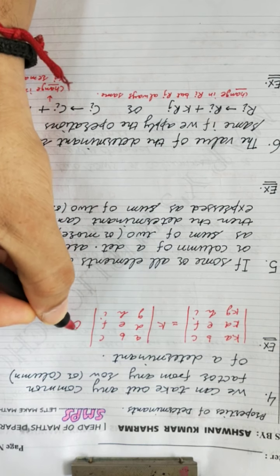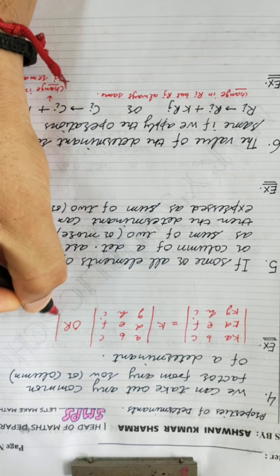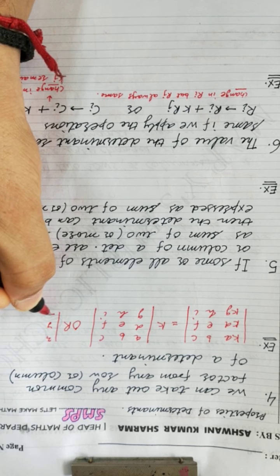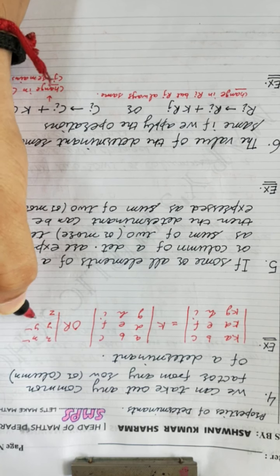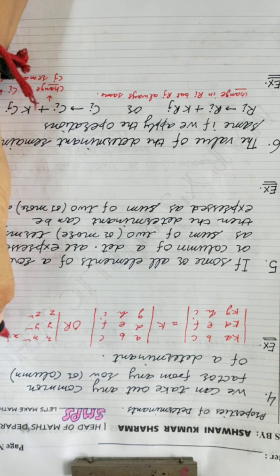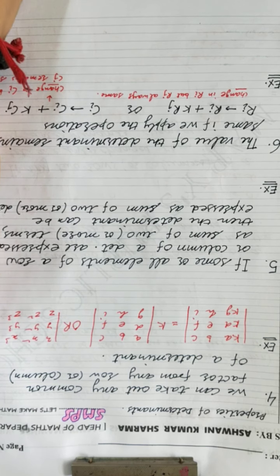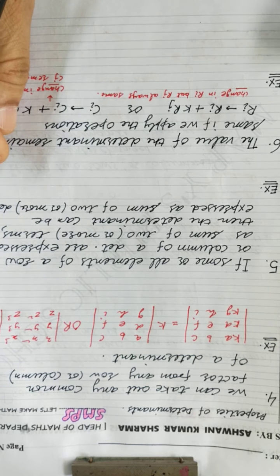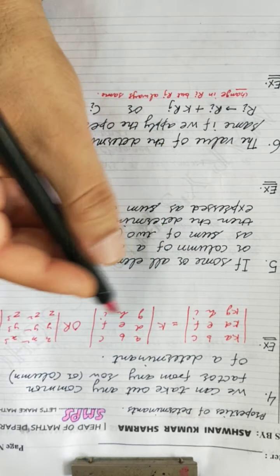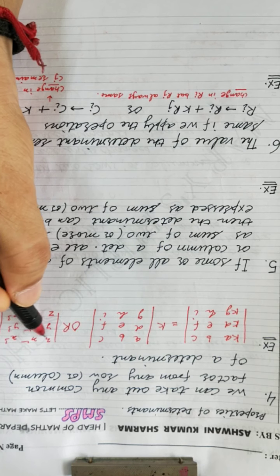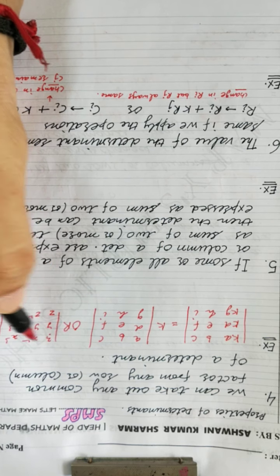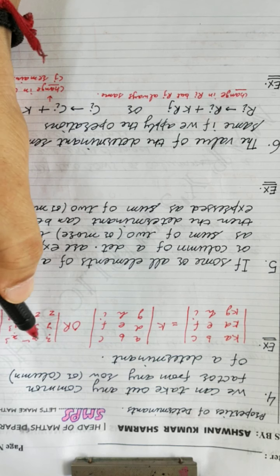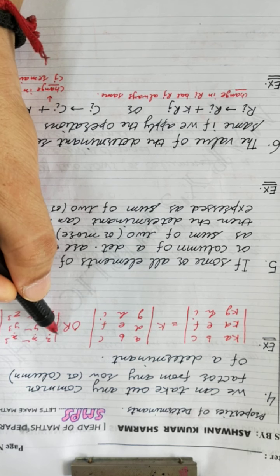One more example. Let us suppose we are taking this determinant: x square, y square, z square, x cube, y cube, z cube. Look carefully at the first row: x here, x here, x here. We can take common x from the first row.